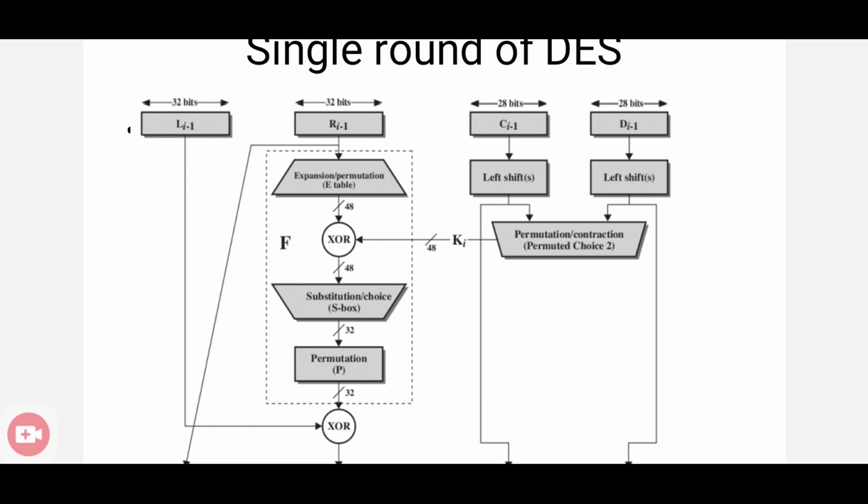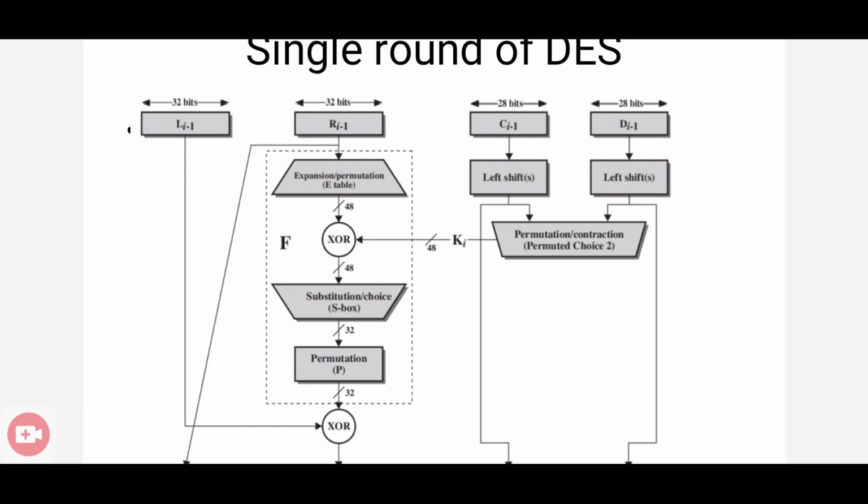That is, we are performing a permutation over this 64-bit plain text, right? Okay. After permutation, we are getting a result. It's also 64-bit. Then this 64-bit permuted output is the input of round 1.